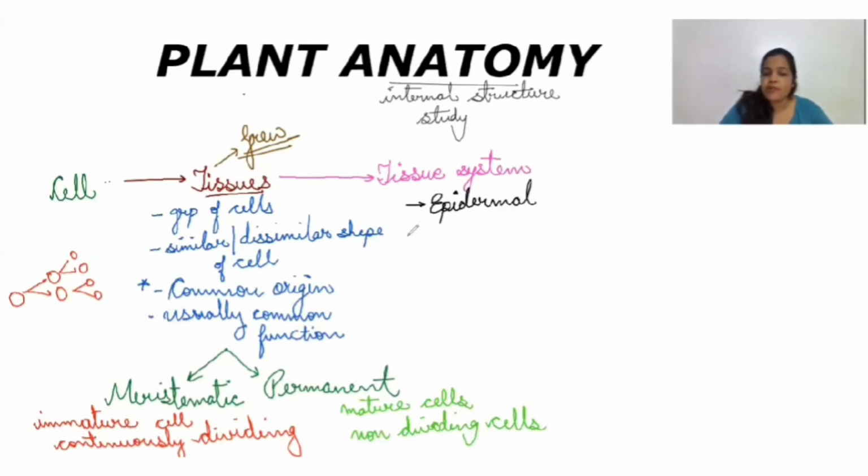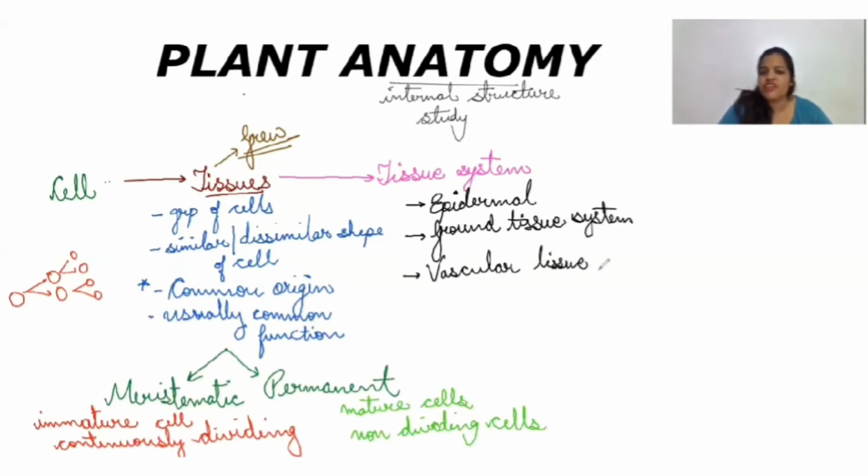The second type is the ground tissue system. The third type is the vascular tissue system. Let me write system also with tissue system.